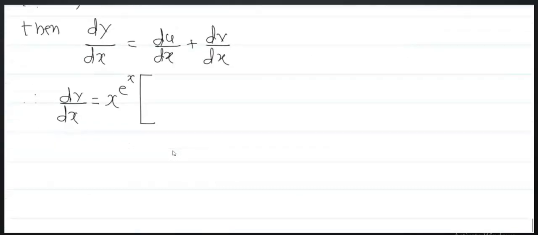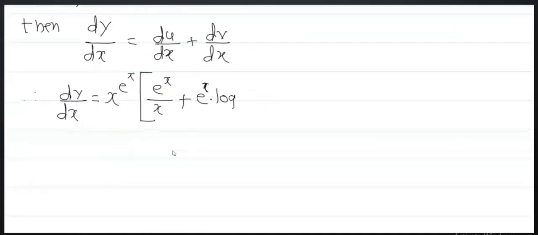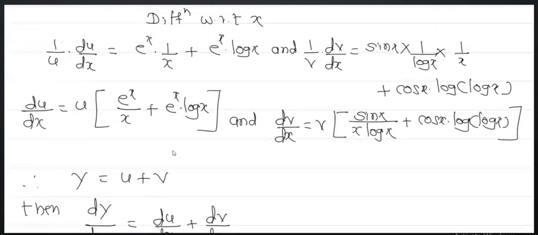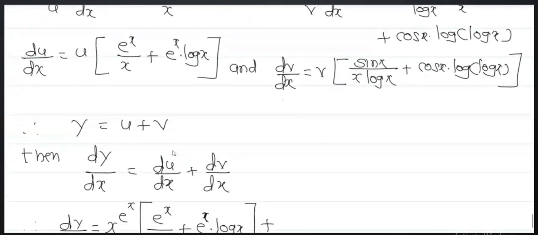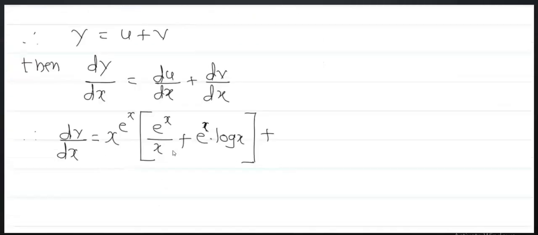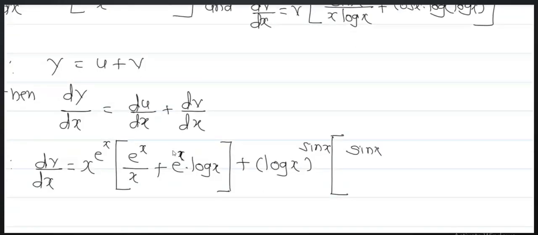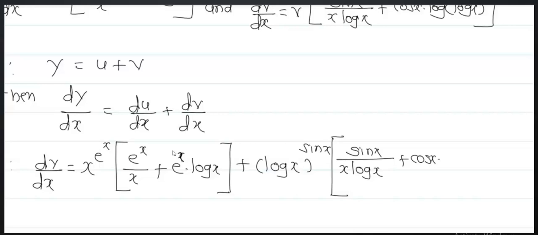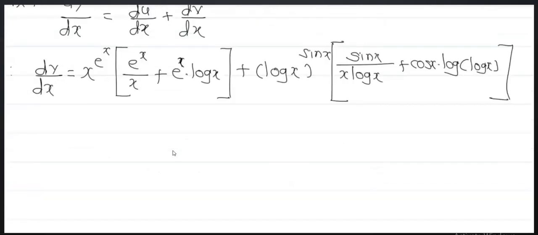That is, dy by dx is equal to x raised to e raised to x in bracket e raised to x upon x plus e raised to x into log x, plus log of x raised to sin x in bracket sin x upon x log x plus cos x into log of log x, bracket complete, and this is the dy by dx.